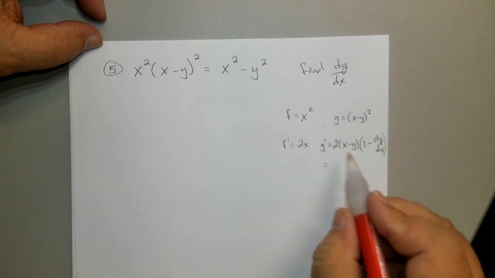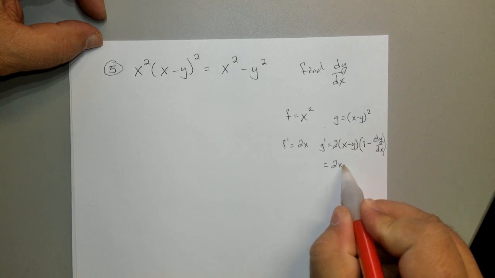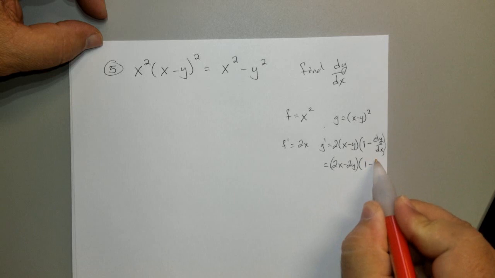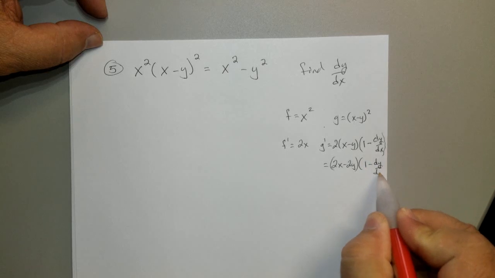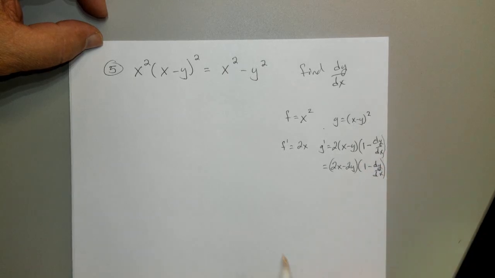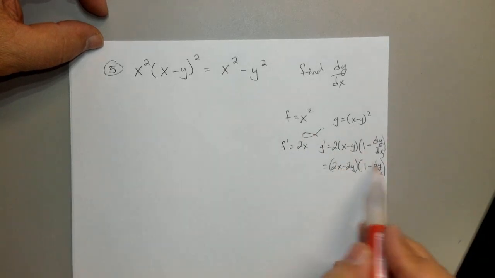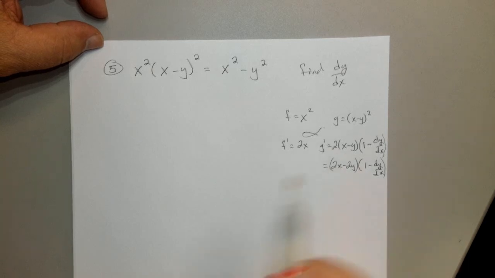Yeah, we could distribute that. We have 2x minus 2y, 1 minus dy/dx. Eventually you have to multiply these together. So let's see.